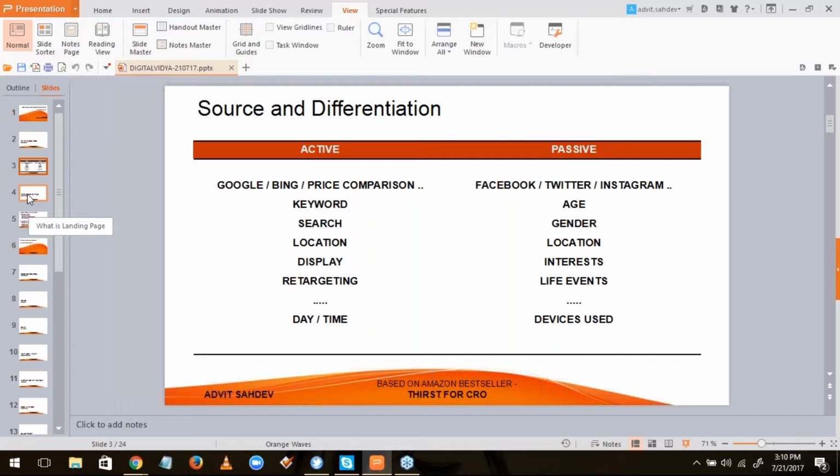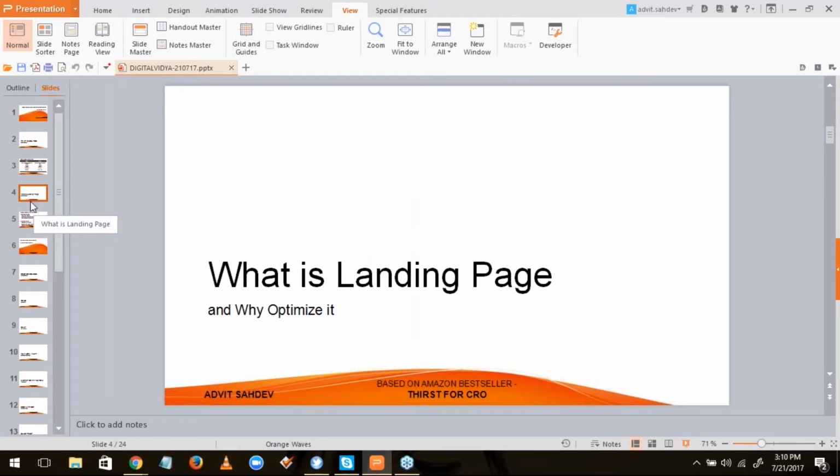If I know that the person is interested in, say, sports, as compared to reading, I can show a different kind of image or landing page when the person comes to my landing page. And I'll talk more about this in detail.